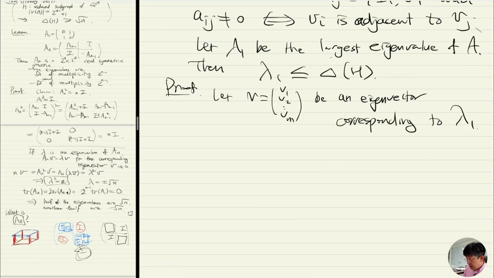And now we know that AV is equal to lambda 1 V. Right?